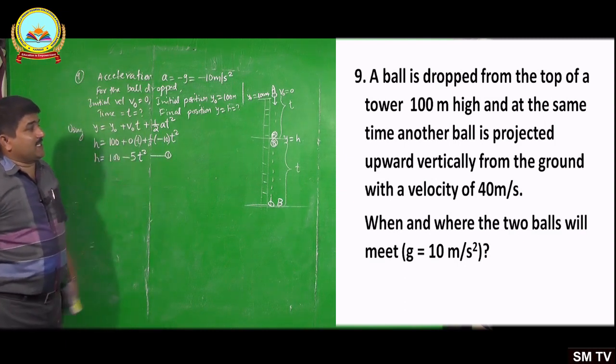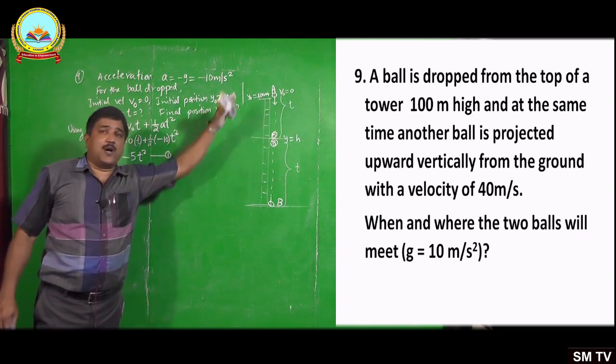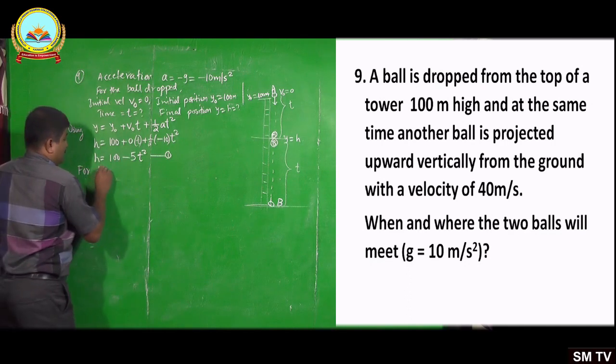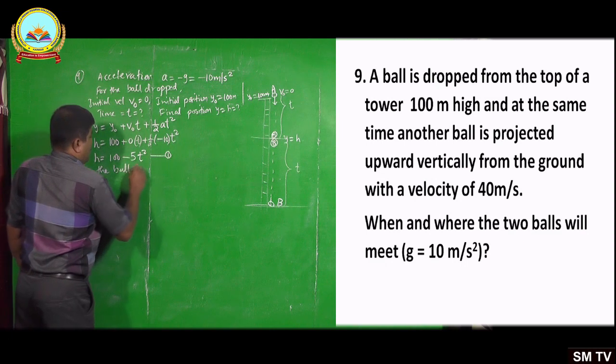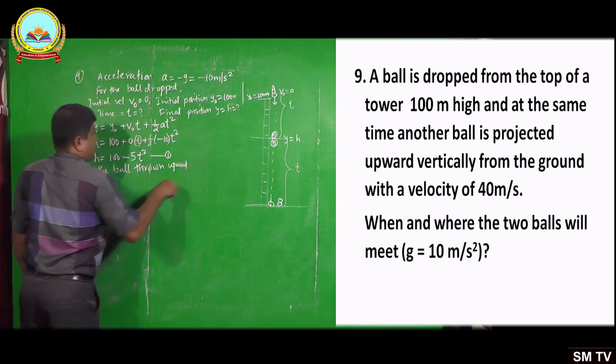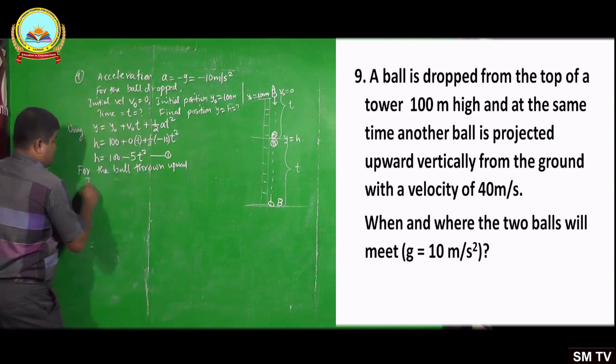Now I have to get another relation between h and t for the ball thrown upward. So write the data for the ball thrown upward. Initial velocity is 40 meter per second.